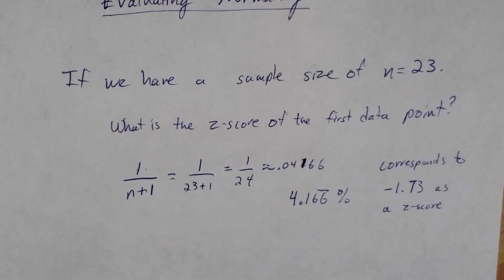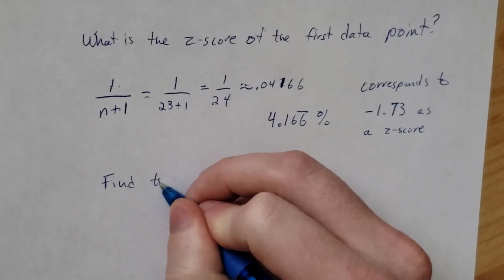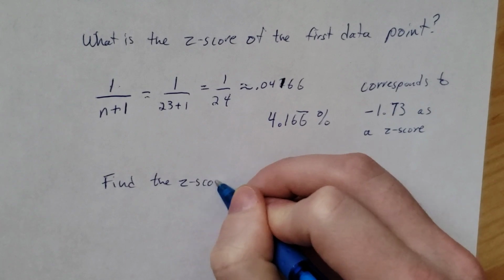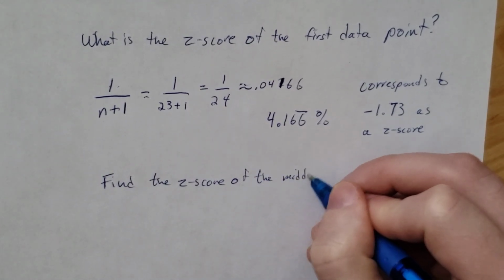And then we might keep going. We might do this for other data points. So let's find the z-score of the middle data point.